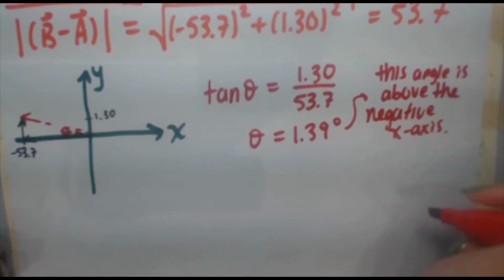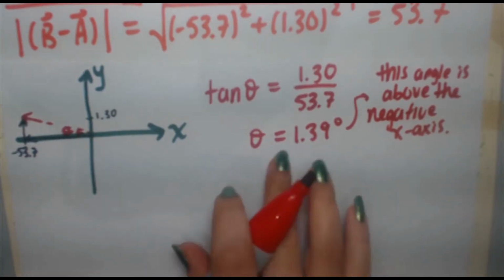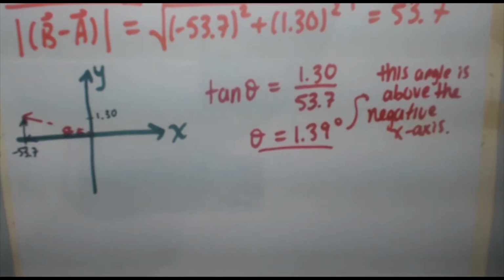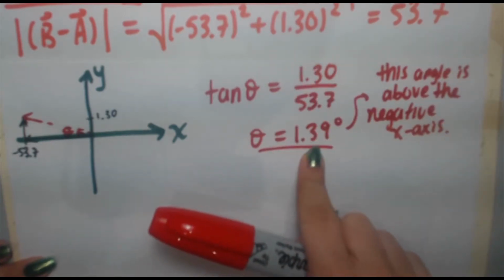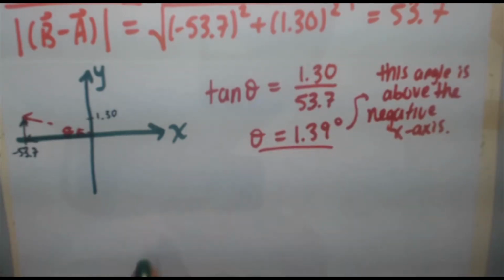So you don't need to put the signs in as long as you have the picture to tell you how to interpret what answer you get here. So we've got the magnitude, which we calculated earlier, that was 53.7. We found the angle is 1.39 degrees, and we know it's above the negative x-axis.